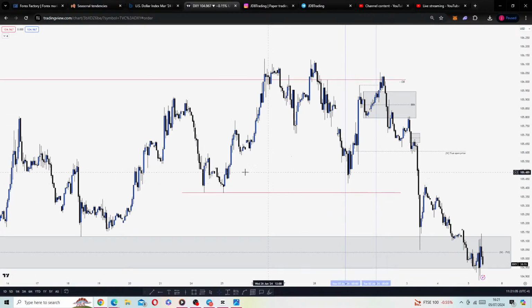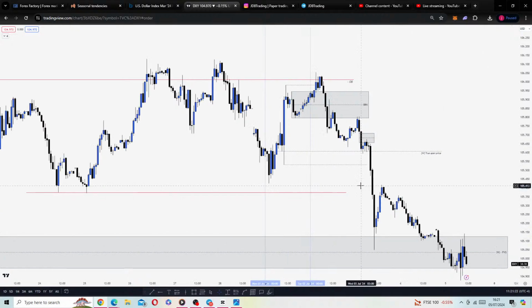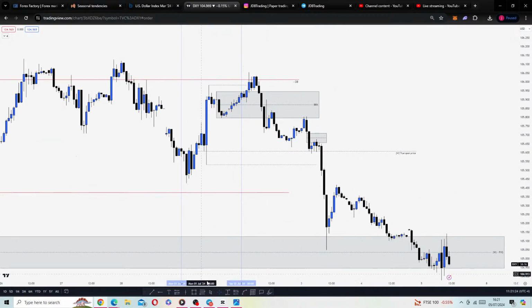The swing low here is the actual indicator that price is going lower into internal range liquidity. So actually trying to get in a position this week would have been hard. So Tuesday lower into Wednesday.